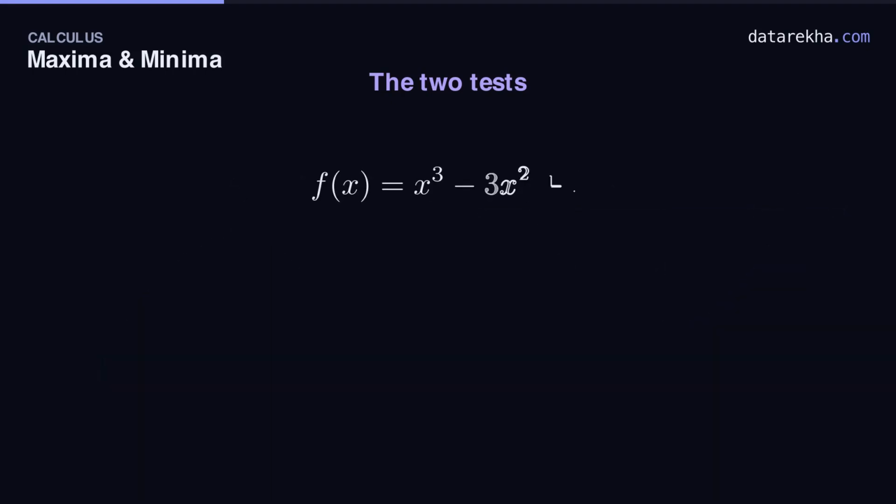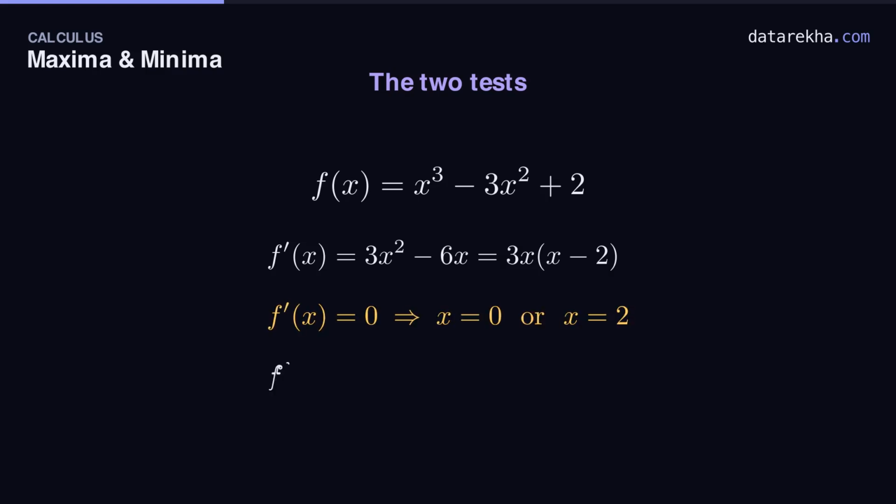Let's put it to work on a real cubic. f(x) = x³ − 3x² + 2. Differentiate: 3x² − 6x, which factors as 3x(x − 2). Setting that to 0, the critical points are x = 0 and x = 2.